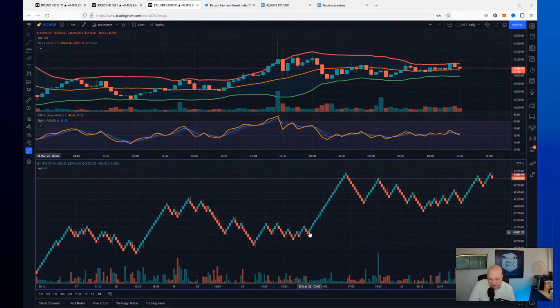So every time the market goes up by 100 points, a green box will be drawn. If it goes up by $300, 3 green boxes will be drawn. If it goes down by $100, a red box will be drawn. If it goes down by $300, 3 red boxes will be drawn. And it doesn't matter how much time goes by in the meantime.